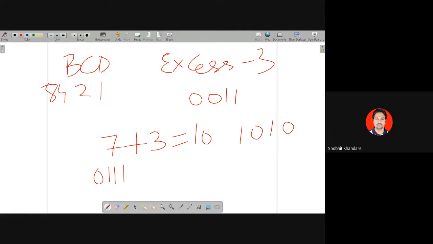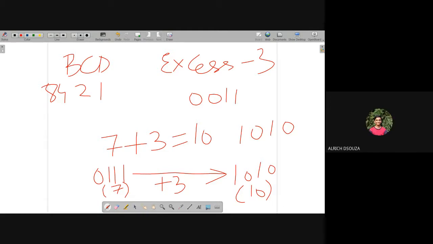So if I ask you what is the XS3 of 0111, which is 7, then it is 1010, because once we add 3 you get 1010. That is for the decimal number 10. Am I right or wrong? Please answer. Yes, yes, sir. So this is how you have to get the XS3 of any number.